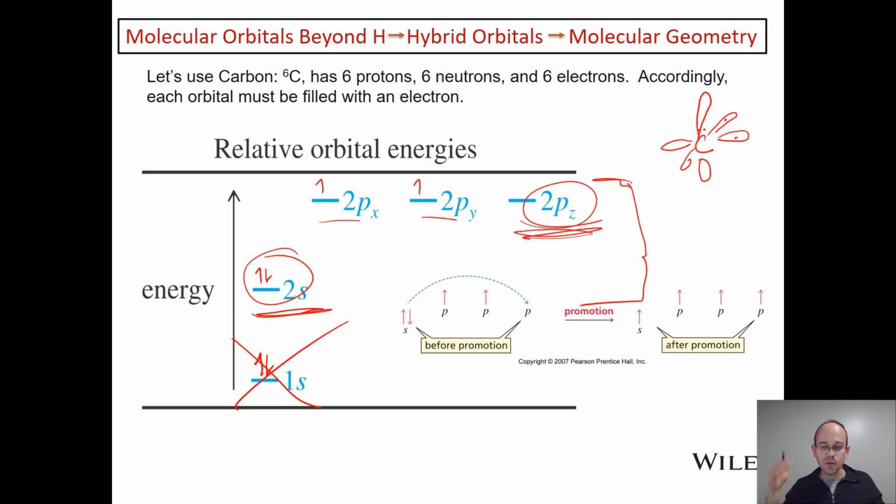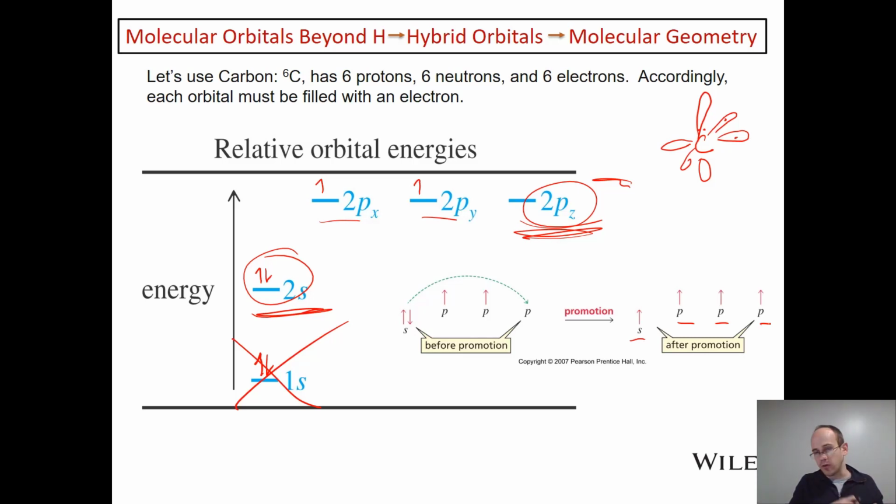So in order to share all of these electrons, the first thing I'm going to do is what we call promotion. And so that's what I'm showing down here. I'm going to promote one of the s electrons into the empty p orbital. And that gives me 4 half-filled orbitals. And that's important because I need 4 half-filled orbitals so that I can share each one of those 4 electrons.